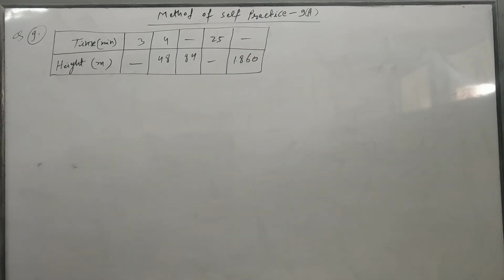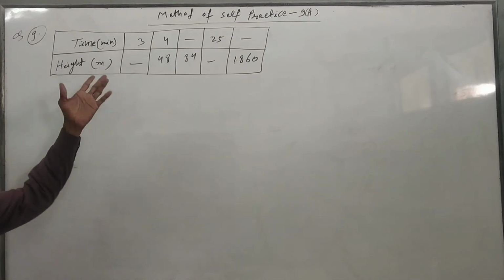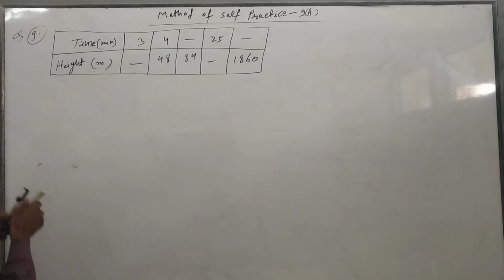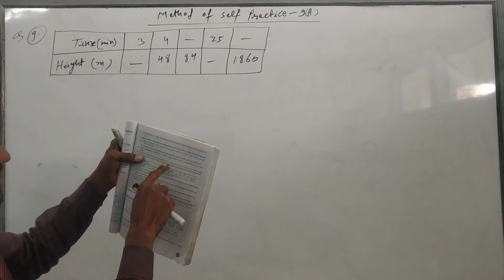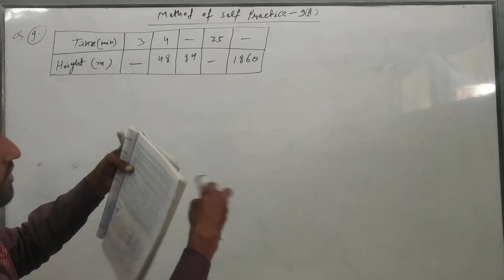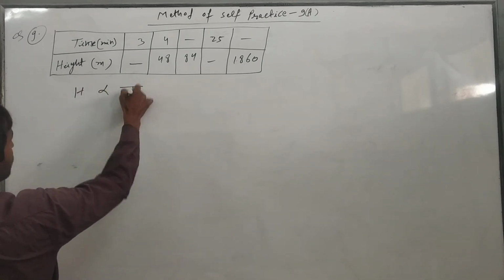In this table we have to find the missing terms. In these types of questions, it is already mentioned in the question that height is directly proportional to time. So we write: h is directly proportional to t.